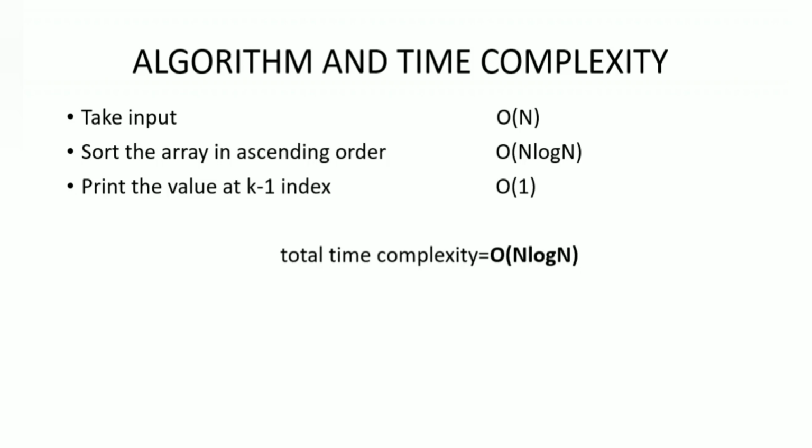After taking input, we sort the array in ascending order using any sorting algorithm. After sorting, we print the value at index k minus 1 because indexing in arrays starts from 0. The overall time complexity of this problem will be O of n log n because sorting takes n log n time.